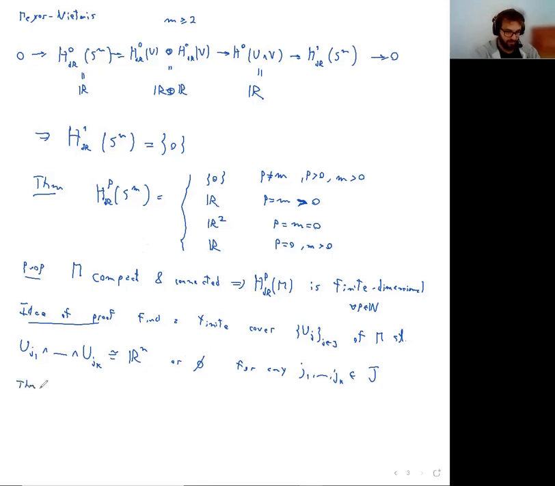And then use Mayer-Vietoris inductively on the size of J, on the cardinality of J. Because basically you get lots of zeros because these intersections are empty in this exact sequence. So you always get down to some finite number of generators.